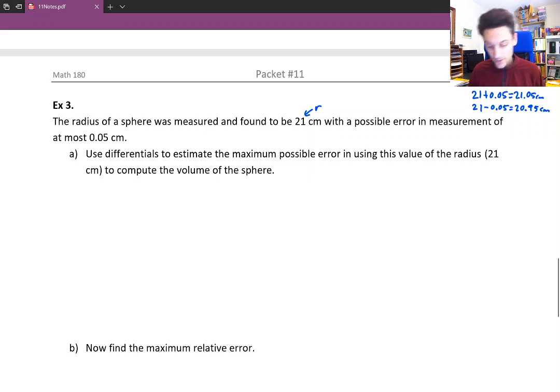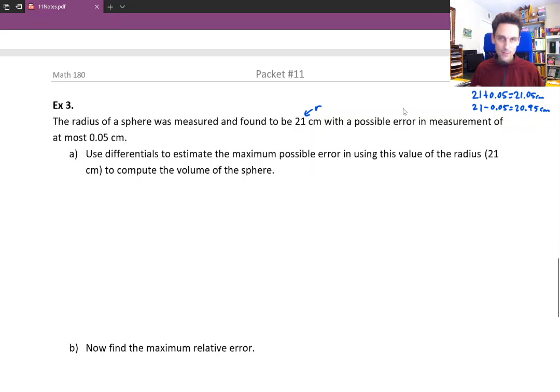What we're going to do is use differentials to estimate the maximum possible error in using this value of the radius, the 21 centimeters, to compute the volume of the sphere. Now, one way of doing this without differentials is just to figure out what the volume would be with a radius of 21.05 centimeters and subtract the volume at 21 centimeters.